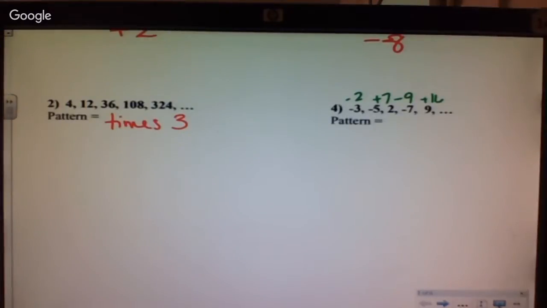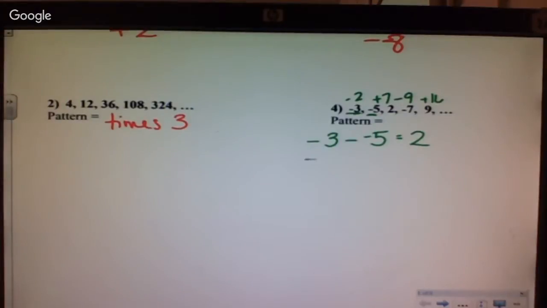You ready for this? What is it? -3, that's here, minus -5, which is here, equals 2. So it's saying if you use this number and subtract this number, you get the next number.